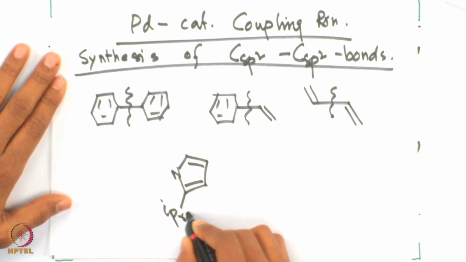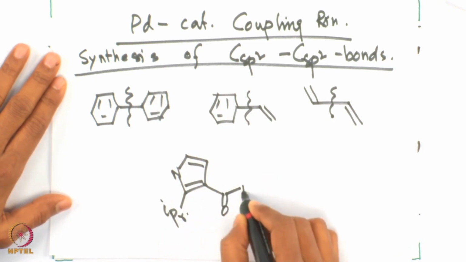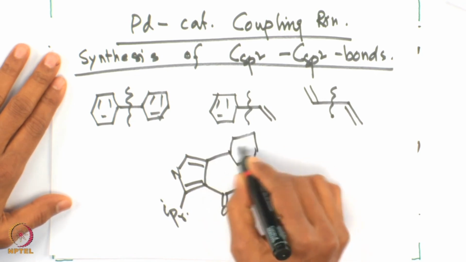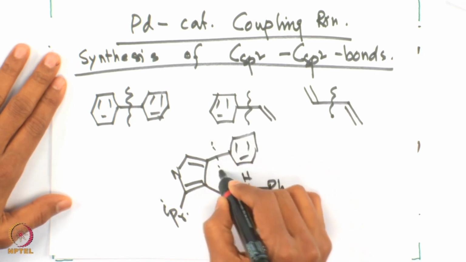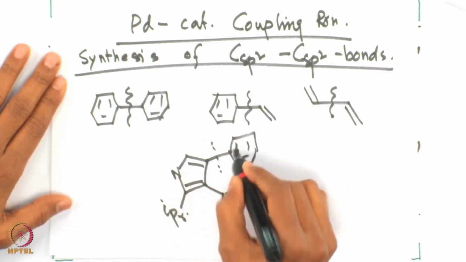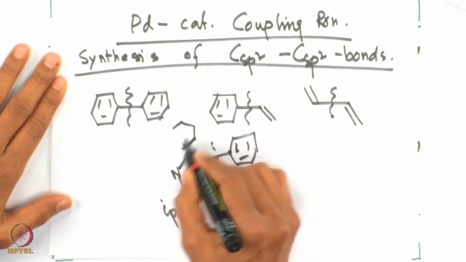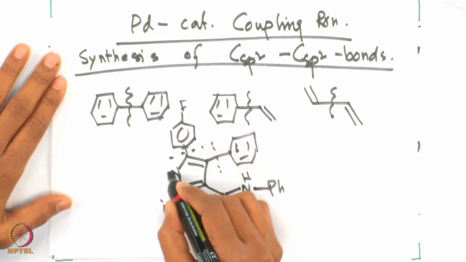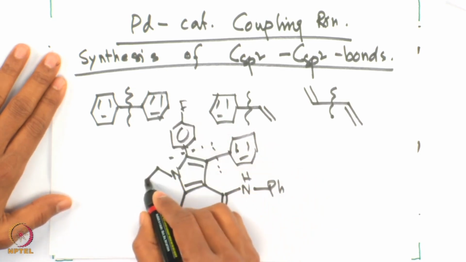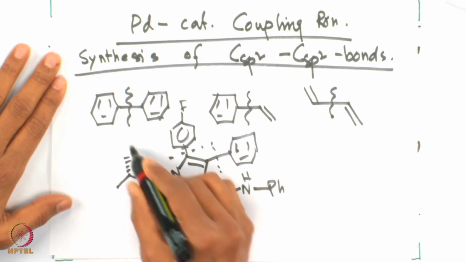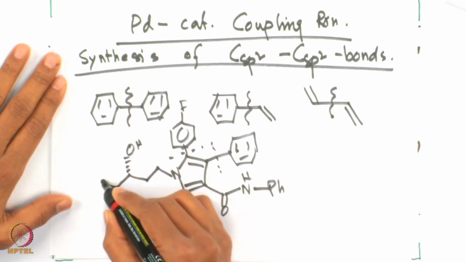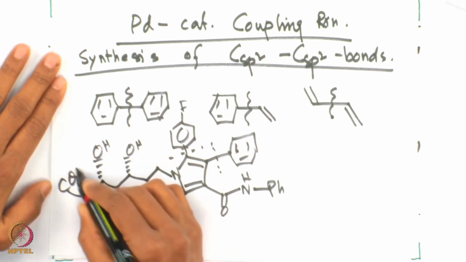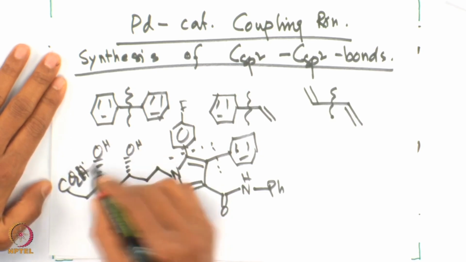And of course, a number of drug molecules such as this, which I am trying to draw here, is Lipitor, where you see this is one carbon-carbon sp2 bond formation, and another, for example, this one, another carbon-carbon bond formation, and you have a long chain of course over there, CO2H.